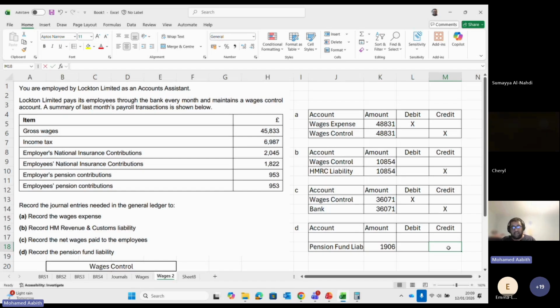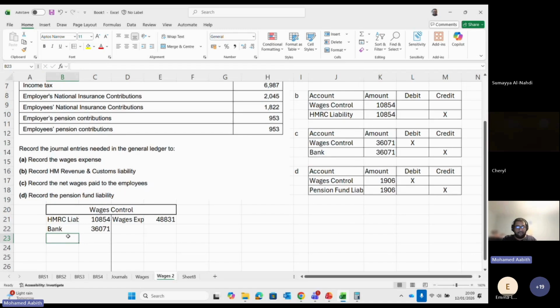So that is a liability, and again without any shred of doubt, the wages control account appears here, 1,906, as a debit now. So I have pension liability for the amount of 1,906.